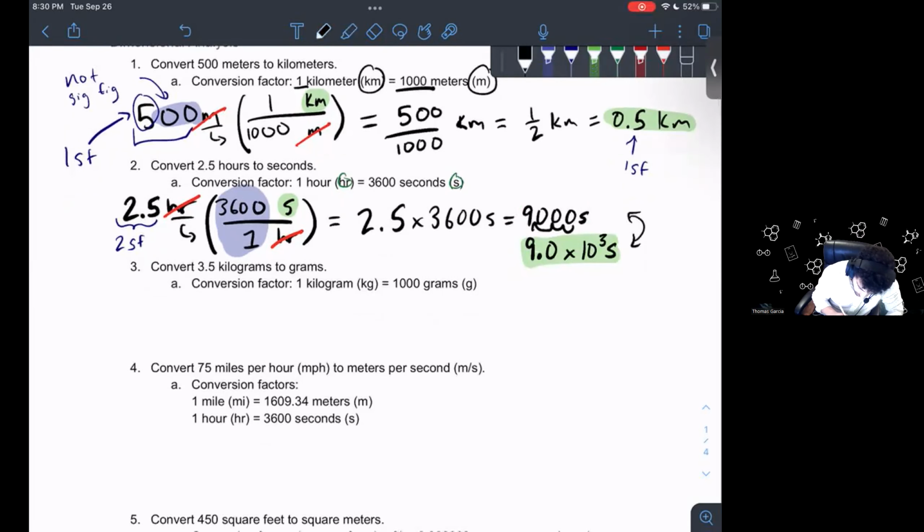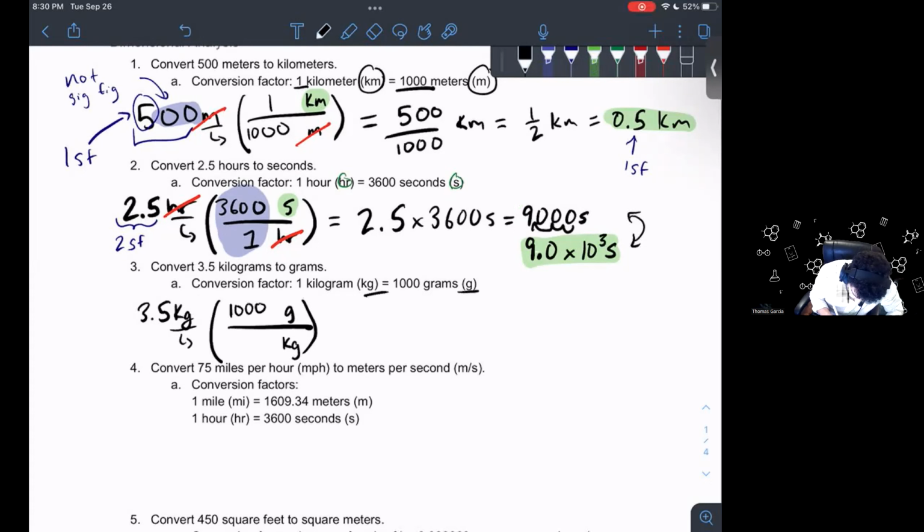All right, moving on to number 3, 3.5 kilograms into grams. We're kind of doing the same thing over and over again. Kilograms on top, put kilograms on the bottom so that they cancel out. I notice kilograms and grams, so the top part is going to be grams.